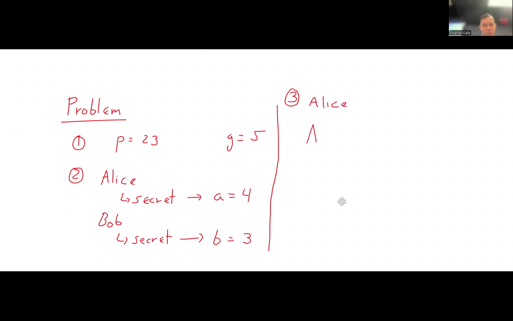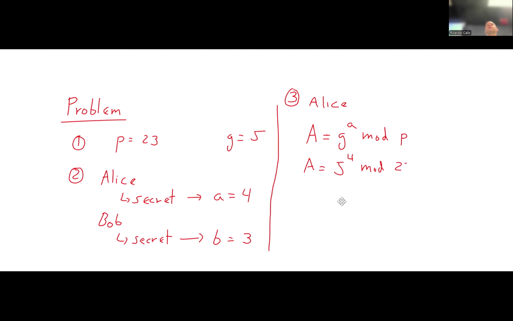So she's going to do G to her A mod P. G is 5, A is 4, mod 23.